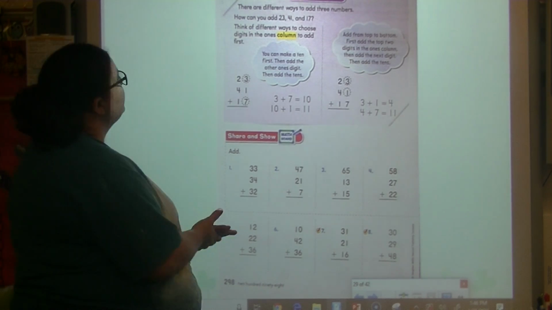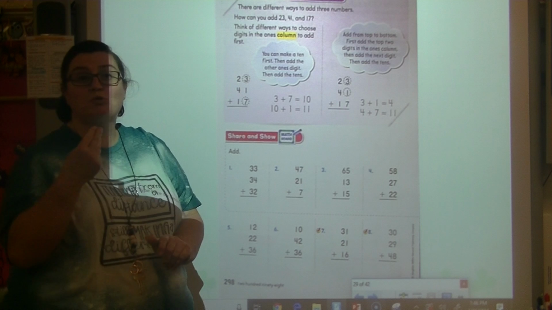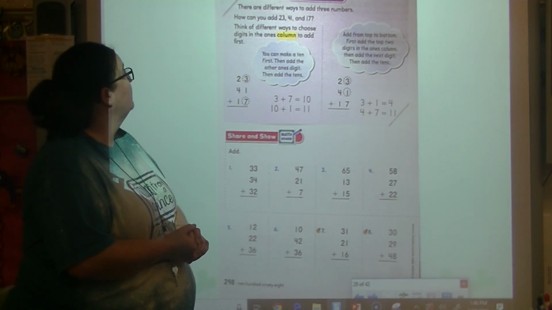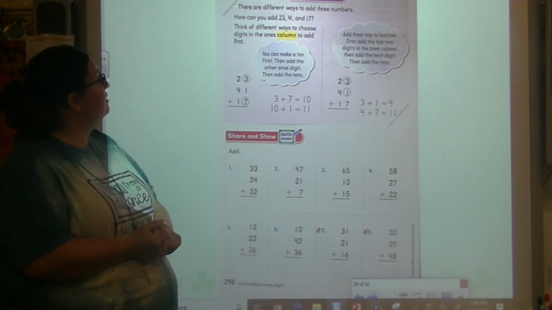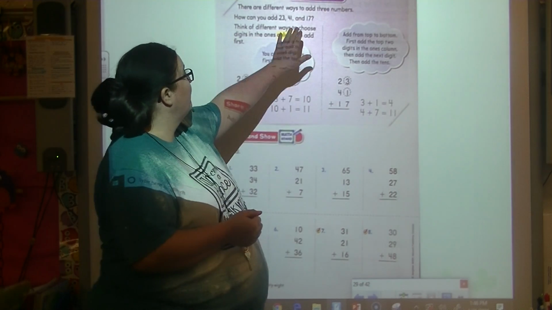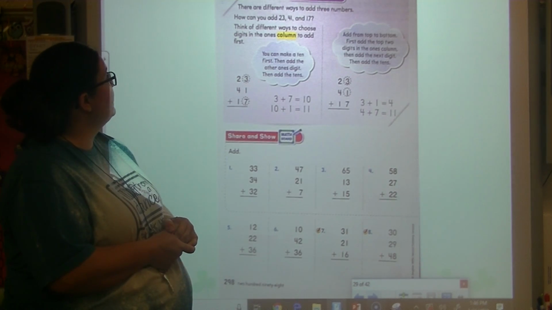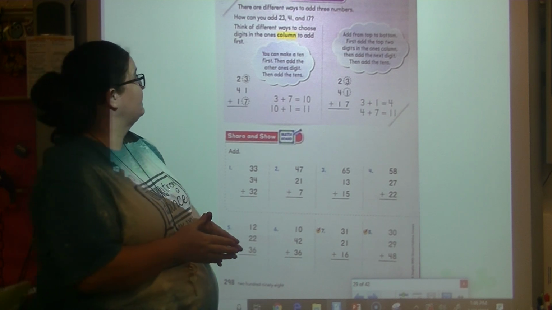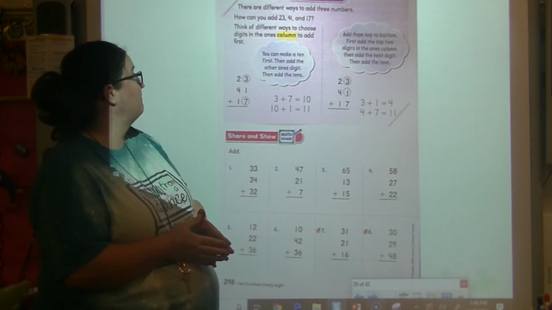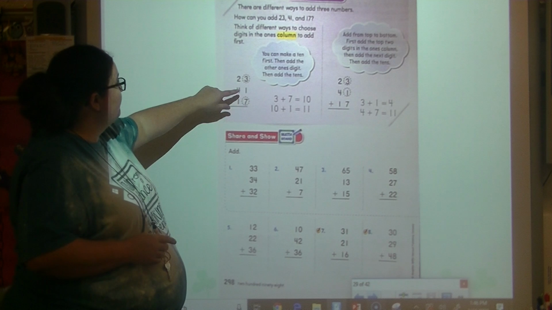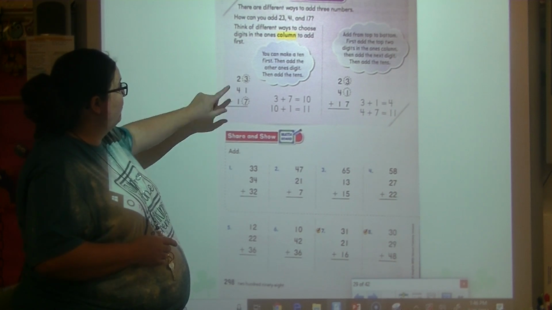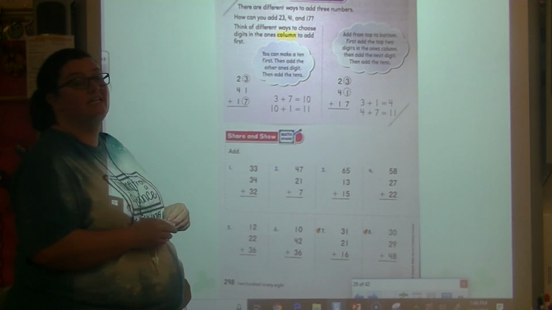Now, there are different ways to add 3 numbers. How can you add 23, 41, and 17? Think of different ways to choose digits in the ones column to add first. All right, so you have 23 plus 41 plus 17.